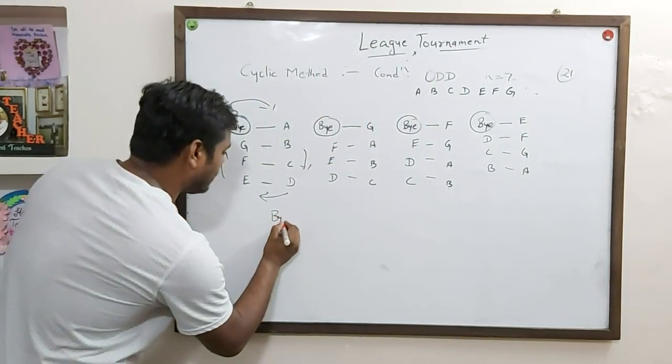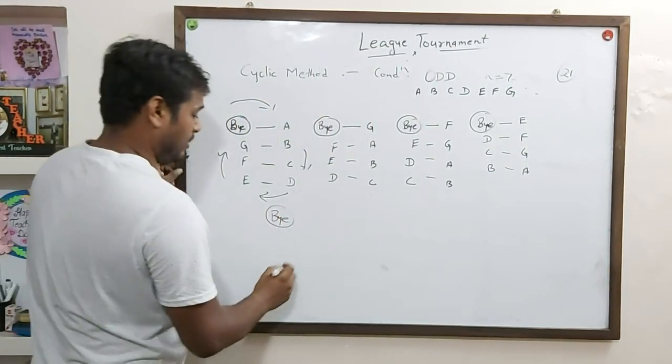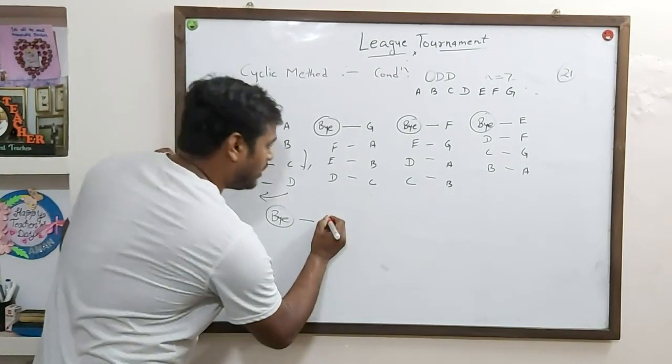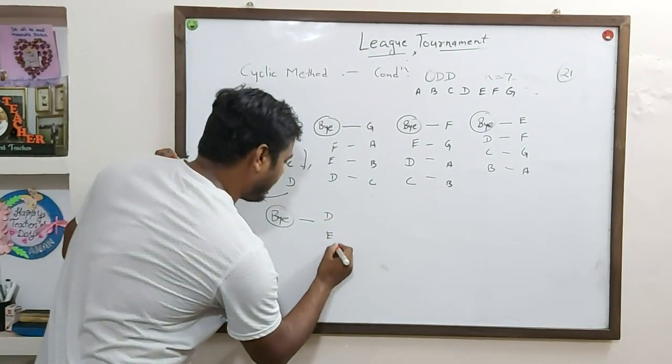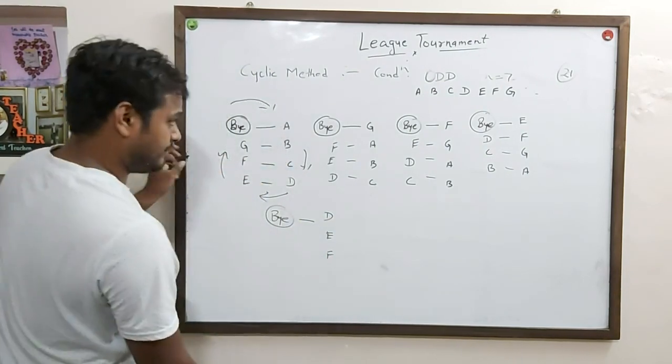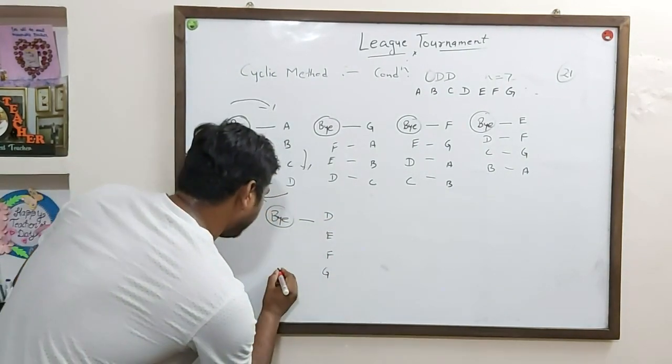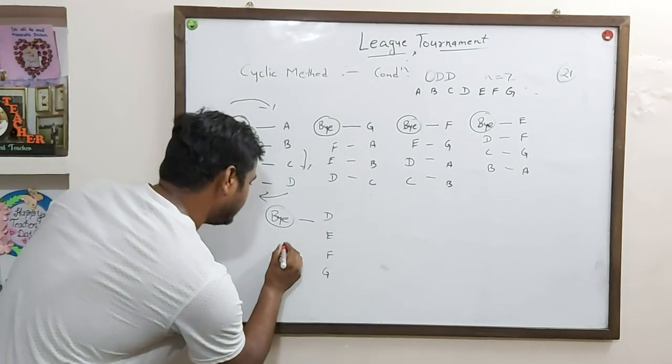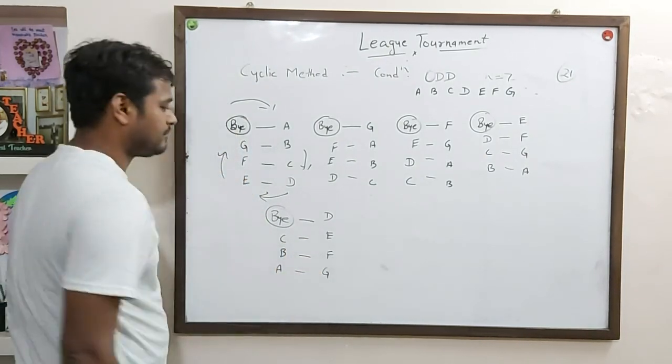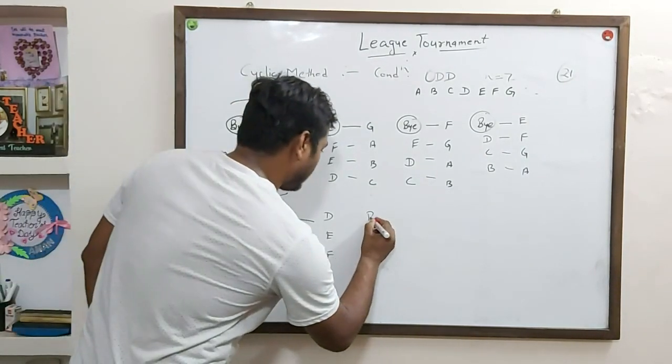Again we have to conduct one round: D, E, F, G, A, B, C. Again we will rotate it.